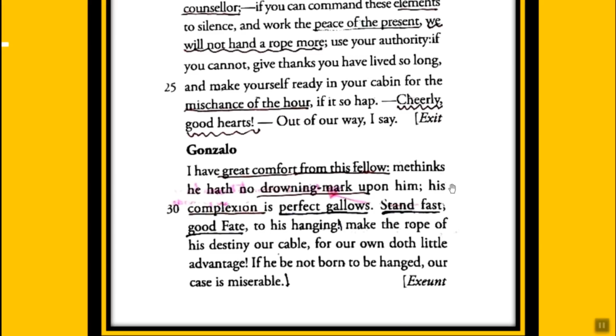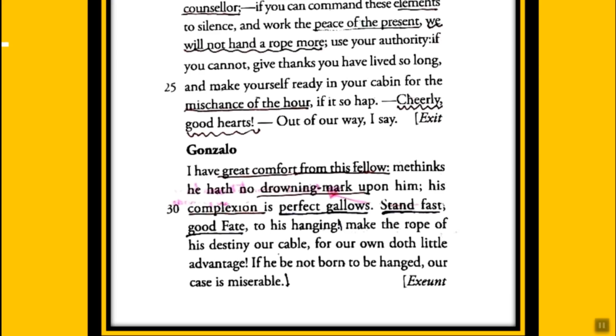Stand fast means stick to the fate. Stand fast, good fate means, dear good fate, please stand to whatever has been decided. So this person will not drown and die, rather he will be hanged to death. So what is the importance of this statement? It means that if the bosun is not drowning and he is safe, all the people on the ship will also be saved.